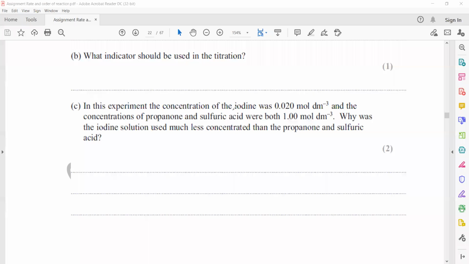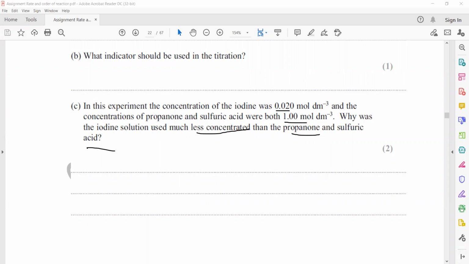In this experiment, the concentration of iodine is 0.02 and the concentrations of propanol and sulfuric acid are both 1. Why is the iodine solution much less concentrated than propanol and sulfuric acid? It's the same reason as why we have excess of propanol and sulfuric acid.